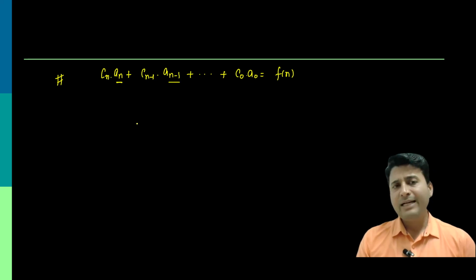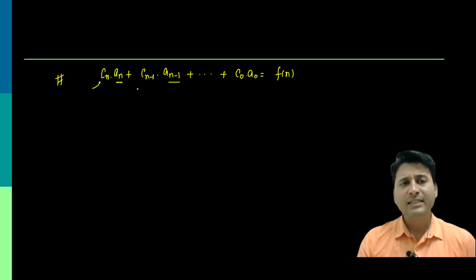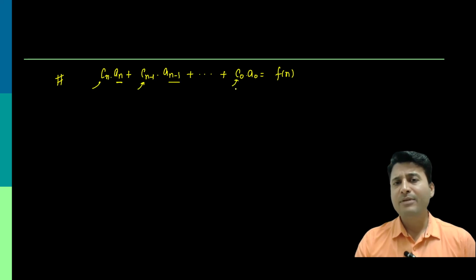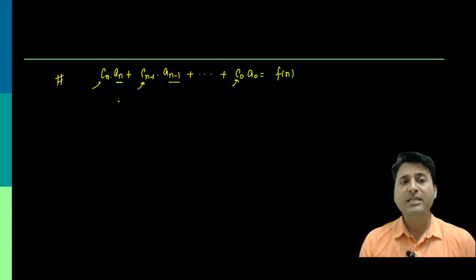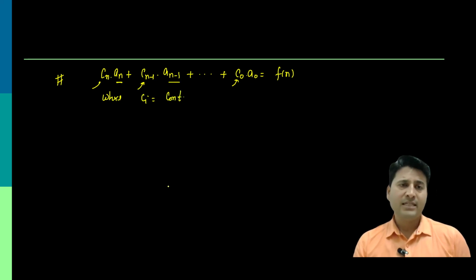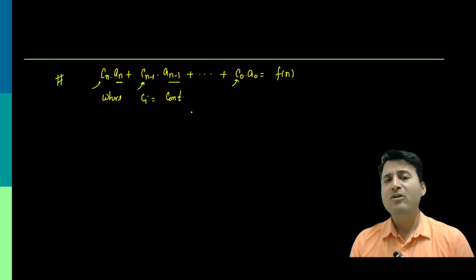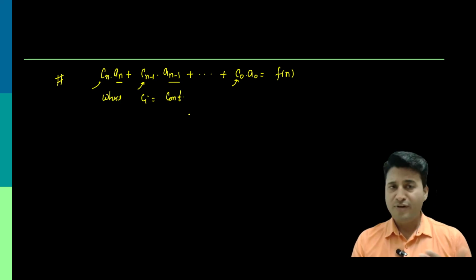Now moving ahead, what are these C? This is very much similar to the linear differential equation of constant coefficient. So here we call these Ci the constants. If all of them are constant, we call it a constant coefficient linear recurrence relation.